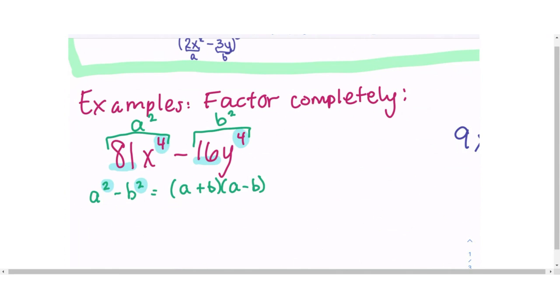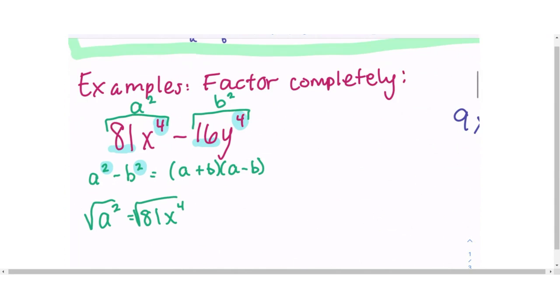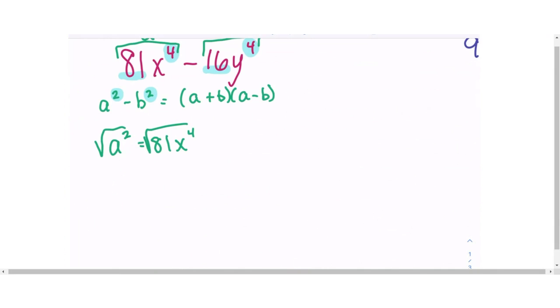We can say that we know that a squared is equal to 81x to the fourth. So if we want just regular a, taking the square root of this, we would have a is equal to, let's see, the square root of 81 is 9, right, because 9 multiplied by 9 is 81. And the square root of x to the fourth is x squared.